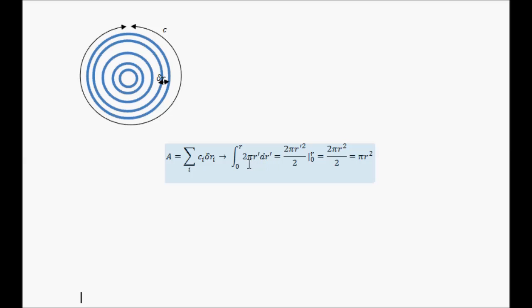When performing this integral, the limits are: we start off in the middle, so that's obviously why we start with 0 here. We start off with the radial distance from the centre being 0, and we end up with the radial distance being r, and r is the radius of our big circle that we were trying to calculate the area of in the first place.